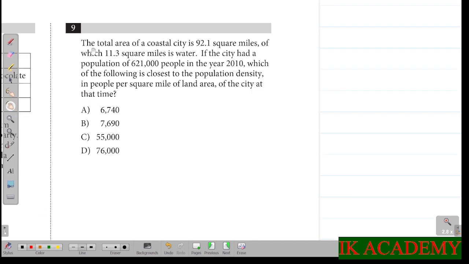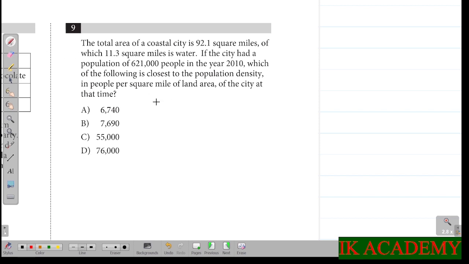Question number 9 says the total area of a coastal city is 92.1 square miles, of which 11.3 square miles is water. If the city had a population of 621,000 people in the year 2010, which of the following is the closest to the population density in people per square mile of land area of the city at the time.